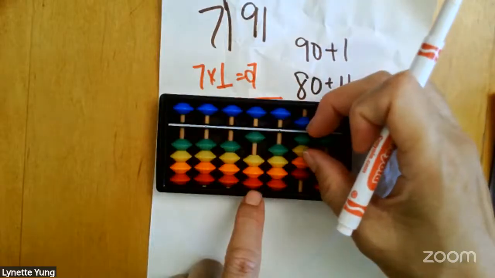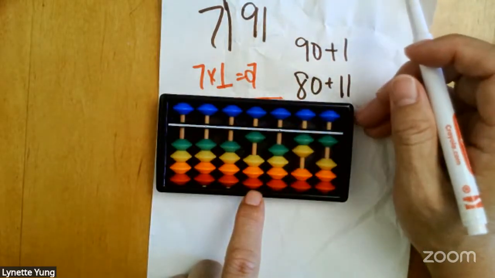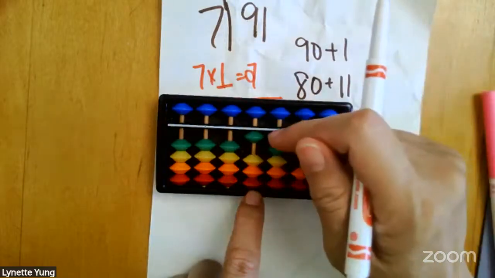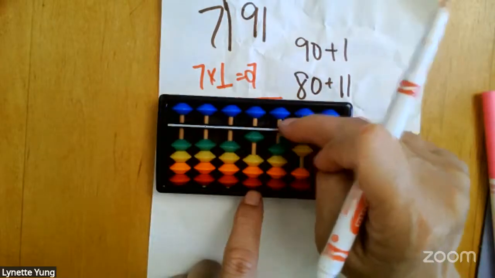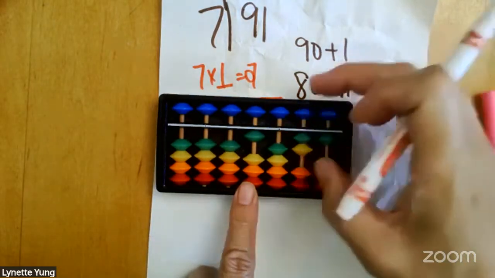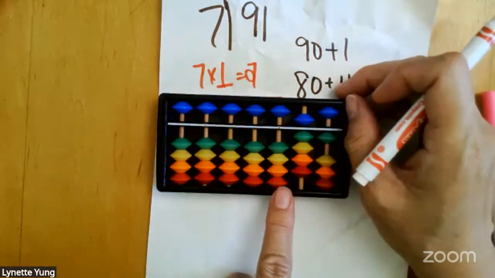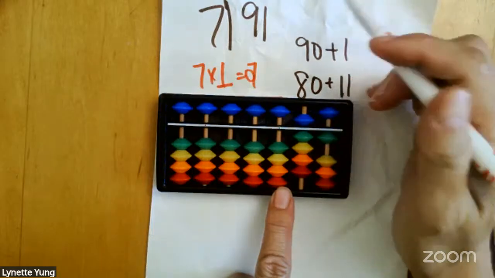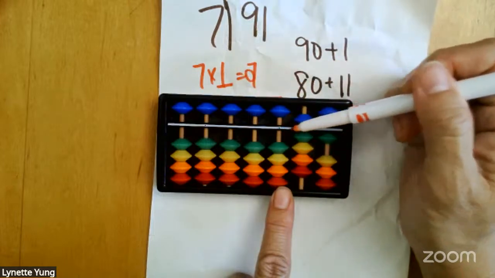Take away 7. I subtracted correctly. No. 0, 7. 0 pushes you over here. We had 91. Your quotient's going to be here, right? But the problem is it's single digit. 0, 9.